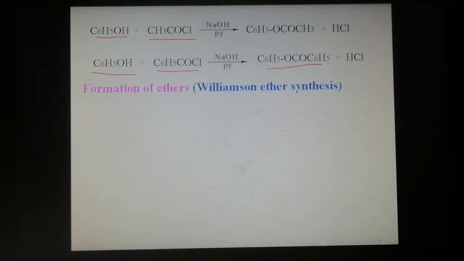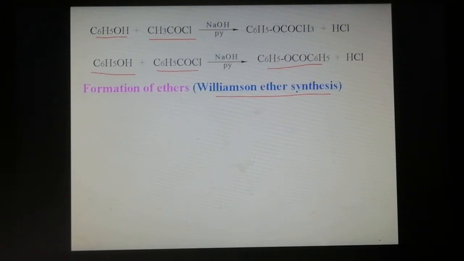Ester general formula is RCOOR, and ether general formula is ROR.